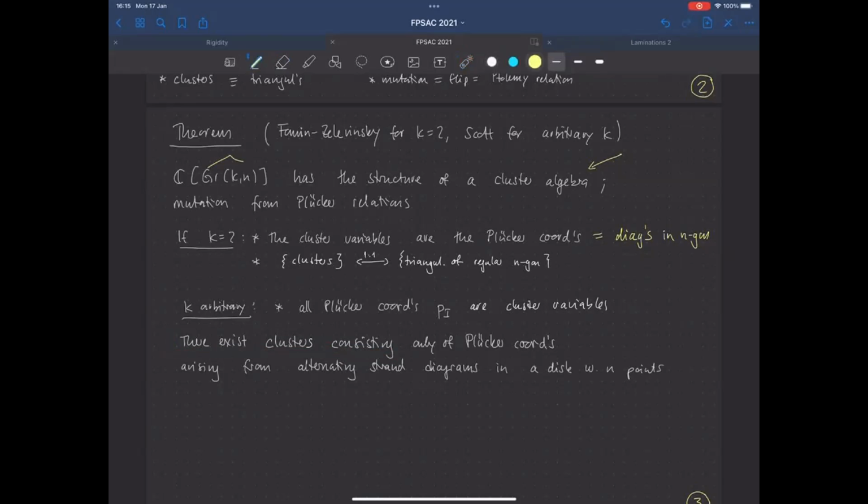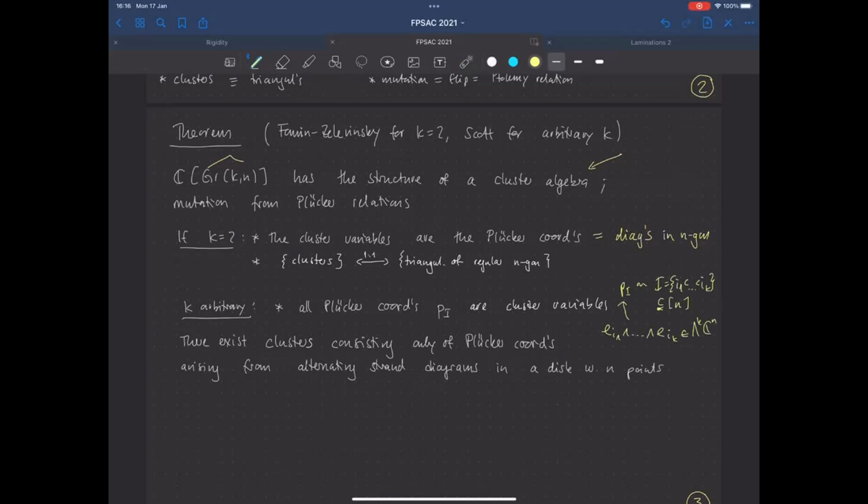So the Plücker coordinates are among the cluster variables. What I mean by P_I, you can think of if I is some k-subset in 1 up to n, then you can think of this as being e_{i1} wedge up to e_{ik} in the exterior algebra.